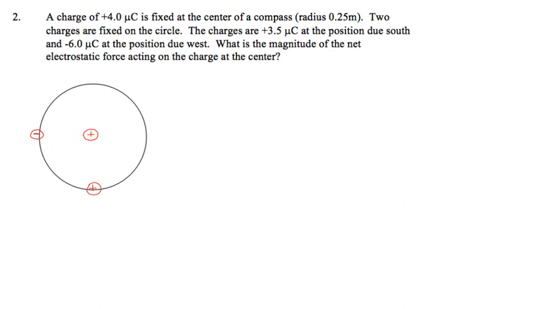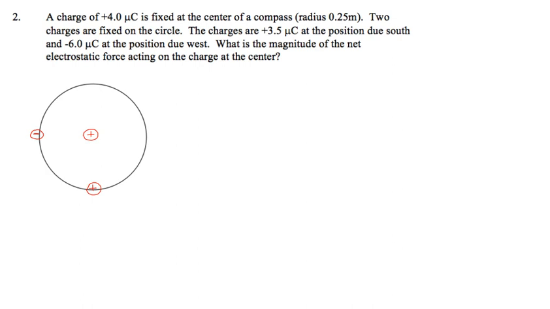So based on the one that's to the west, will the arrow be to the left or to the right based on the charge that's to the left of the middle? To the right? Now remember, like charges repel and unlike charges attract.